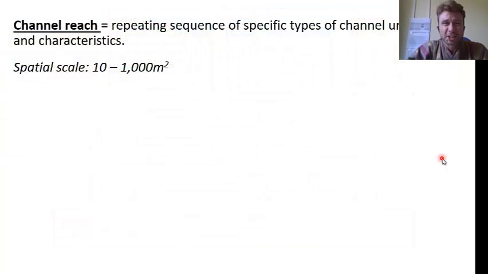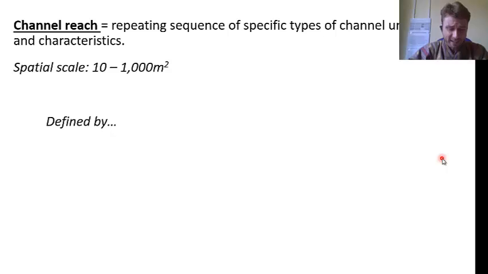We can describe a channel reach as a repeating sequence of specific types of channel units and characteristics. Often we describe reaches as being somewhere between 10 to 1,000 meters squared. So observable units, but that stretch for a longer distance.